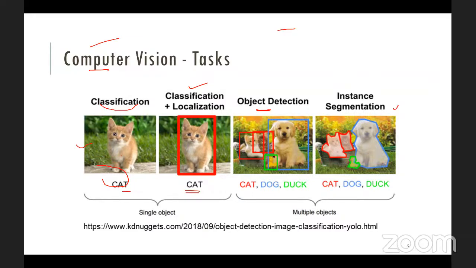Here you can see a bounding box, but here we want to find the exact boundaries of our objects, and this is called instance segmentation. So we can say that CNN is a class of deep neural network which is most commonly applied to analyze visual imagery. We have already done some tasks, and some tasks you will do in this course.